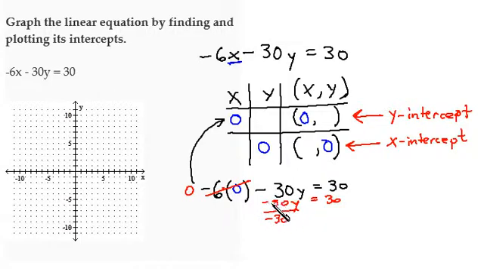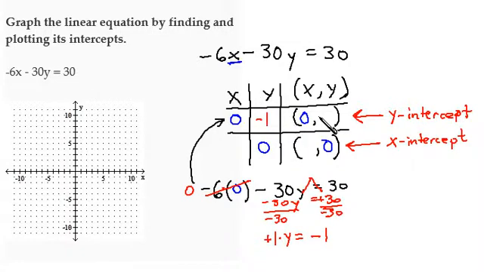Negative 30 divided by negative 30 makes positive 1, which is solving for y. Now we balance the equation by dividing the right side by negative 30, and what we find is that positive divided by negative makes negative, and 30 divided by 30 is 1. When we put a 0 in for x and we solve for y, we get y equals negative 1.